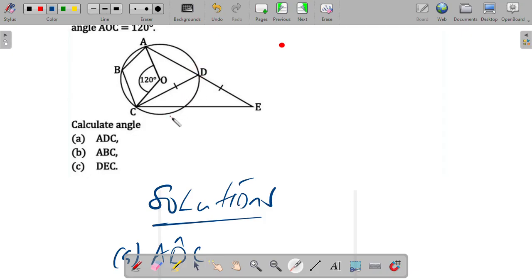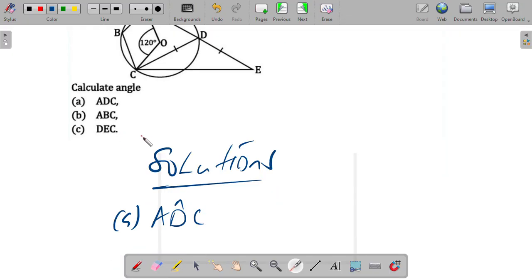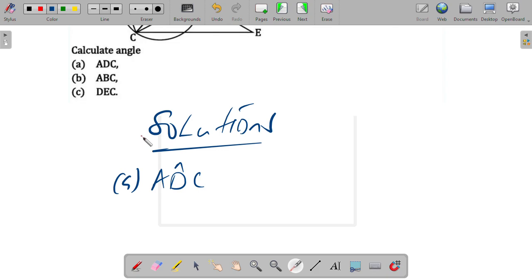To find this, you must understand one theorem which says the angle at the center is twice the angle at the circumference. So this is the theorem you apply here: the angle at the center is twice the angle at the circumference subtended by the same arc.